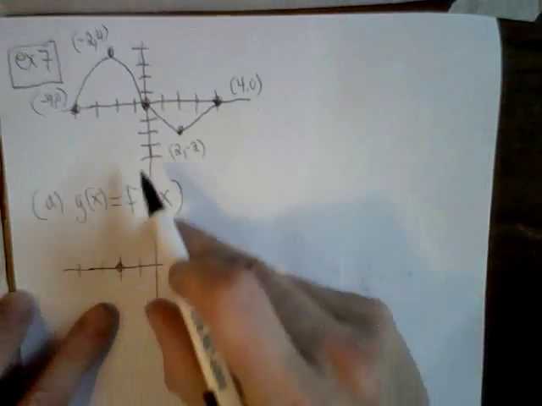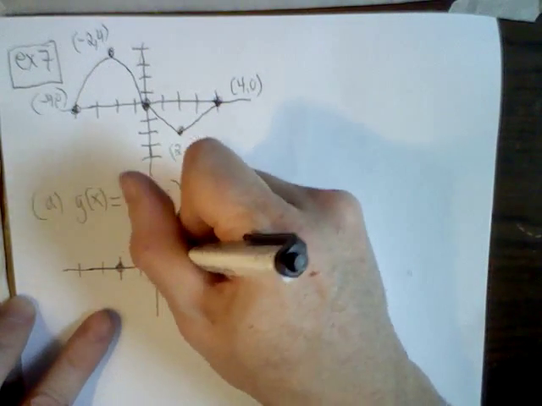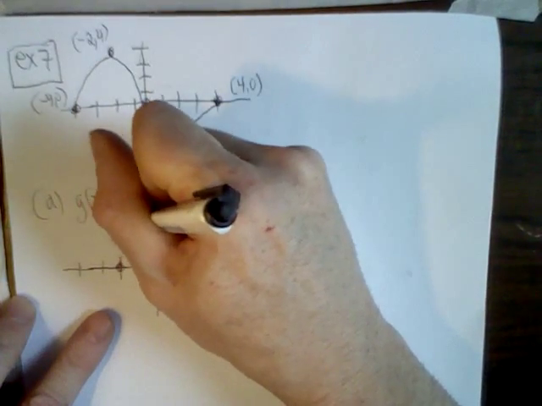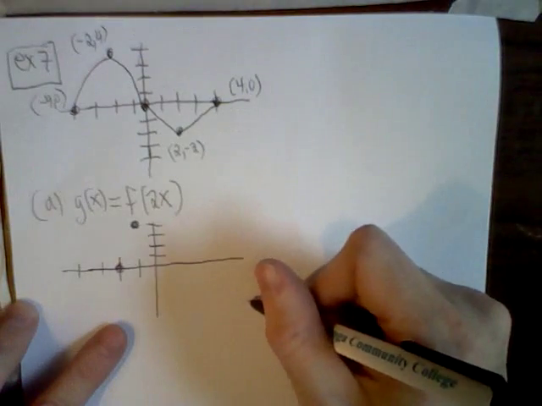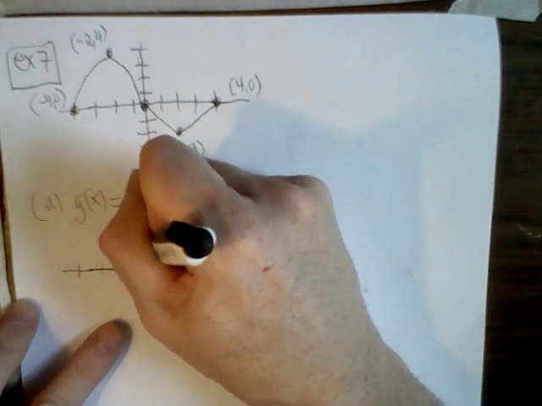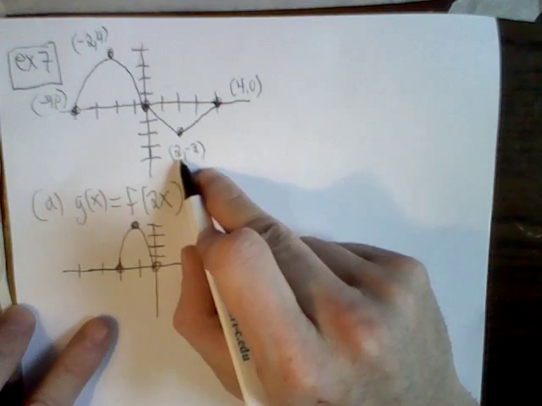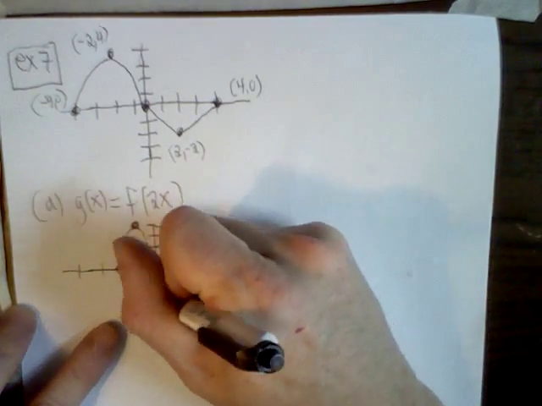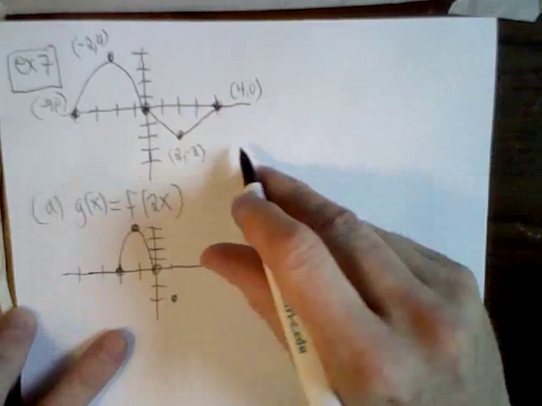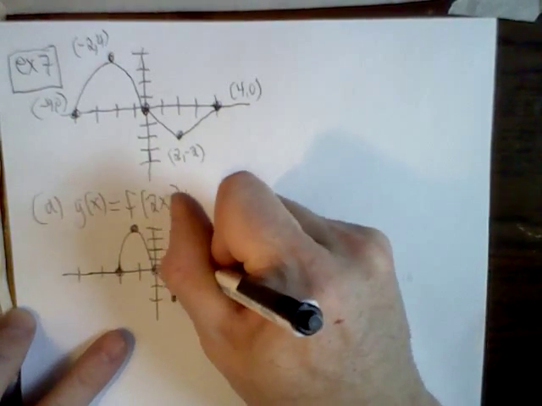And up here, it's negative 2, 4; now it'll be negative 1, 4. 0, 0 will remain in the same place. And then instead of 2, negative 2, it'll be 1, negative 2. And then instead of 4, 0, you'll have 2, 0. Okay, so it'll look like this.